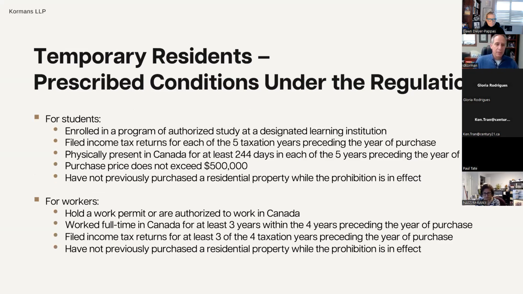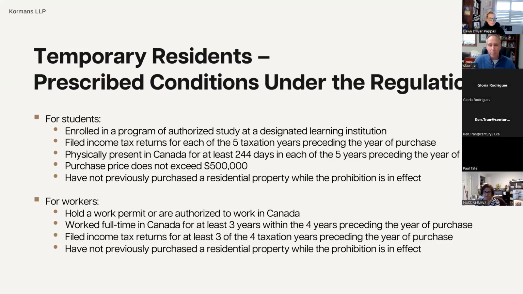So for a student, they've got to be enrolled in an authorized study program at a designated learning institution. So not all learning institutions will qualify. They have to have filed income tax returns for 5 taxation years preceding the year of purchase. They want to buy now in 2023, but they only qualify as a student if they have been filing taxes for 5 previous years.